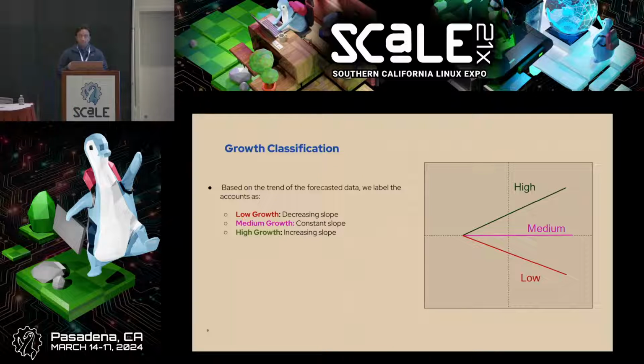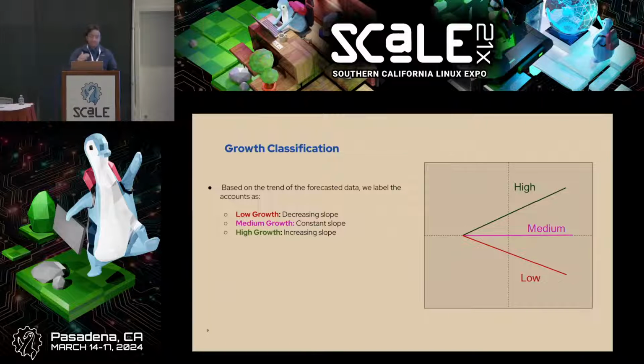Now, if your data points are not changing value over time, then that generally falls under medium slope, which is constant slope. And if your data points are decreasing over time, over the x-axis, then those kinds of slopes are generally on the negative side. And those are considered as low growth slope.